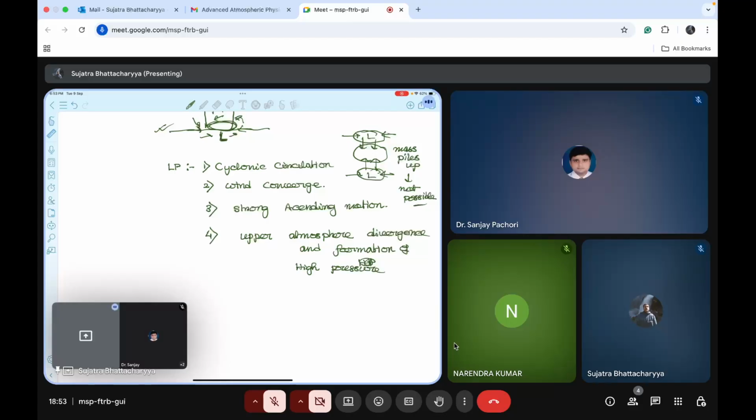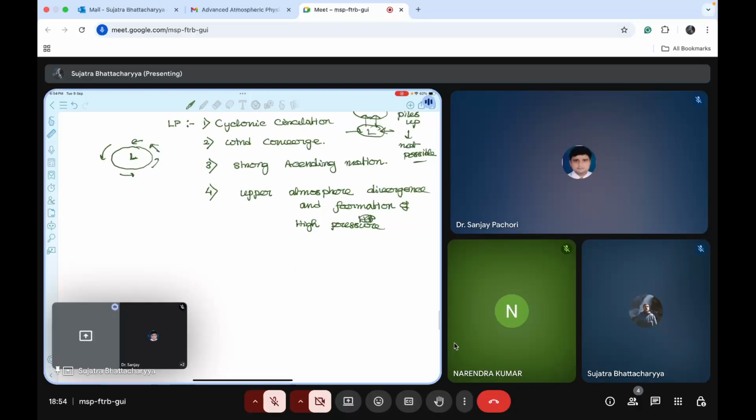Now you can ask me, if there is a cyclonic circulation, suppose this is your loop, and this is a cyclonic circulation, then how are the winds converging? Cyclonic circulation means it is rotating, so how is it converging? This is converging because of the friction.